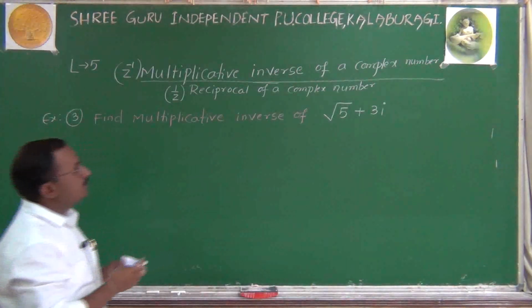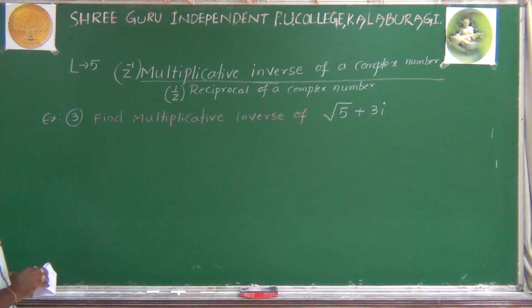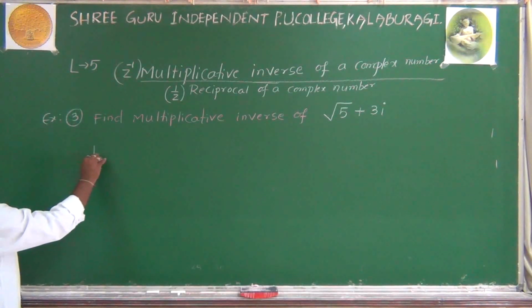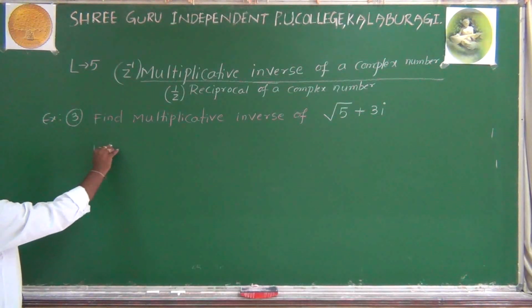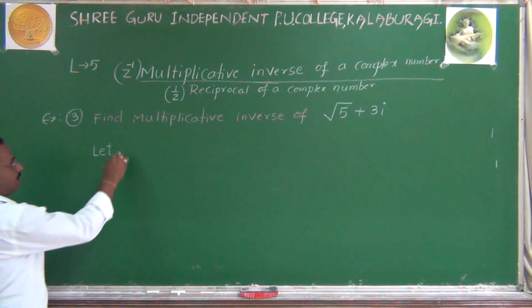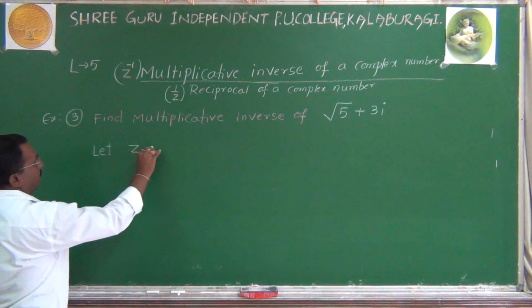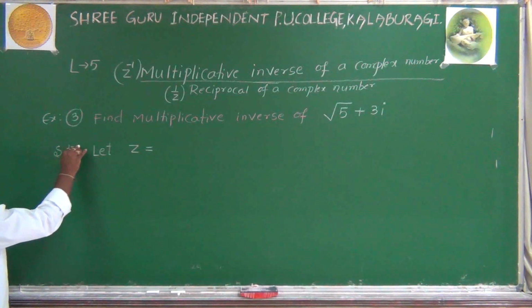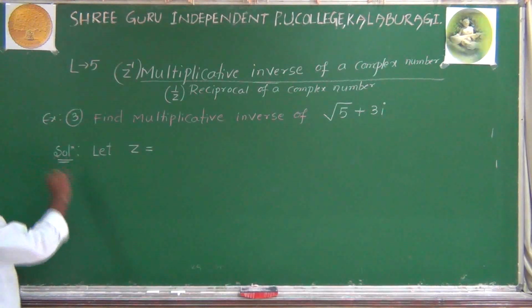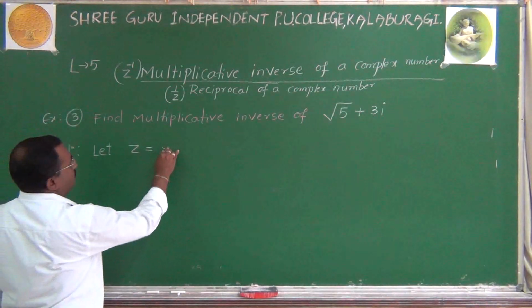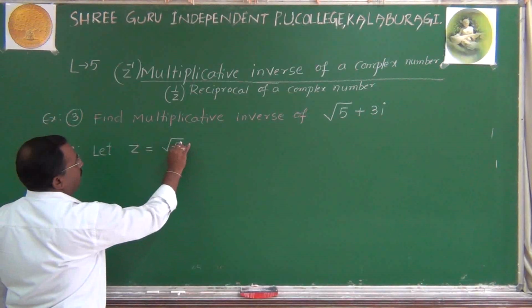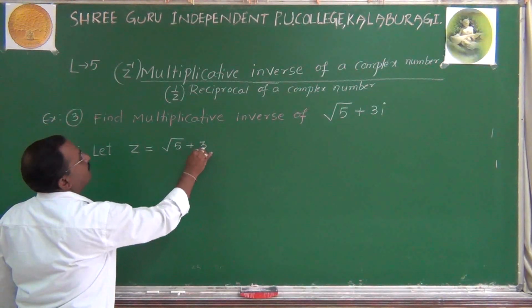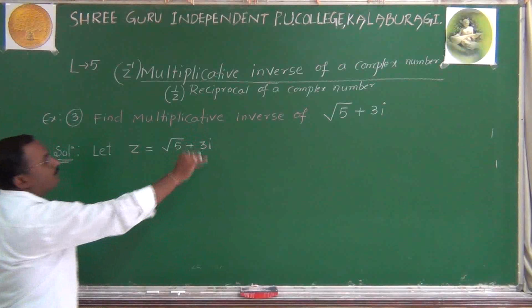Solution: let z is equal to root 5 plus 3i.